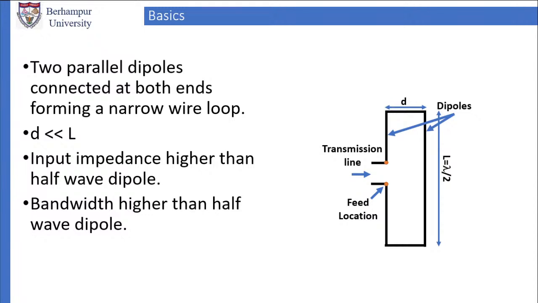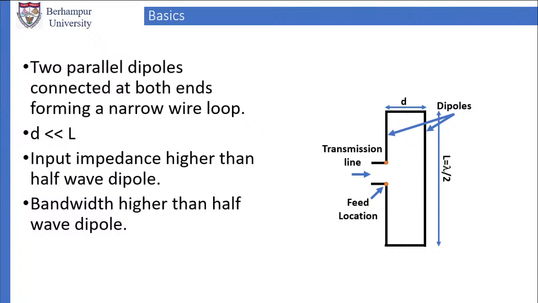The distance D between the two dipoles, because we are connecting the end points, is very small compared to the length of the antenna. The length of the antenna L is approximately lambda by 2. It should be slightly less than lambda by 2, about 0.48 lambda. So D is much smaller than L.